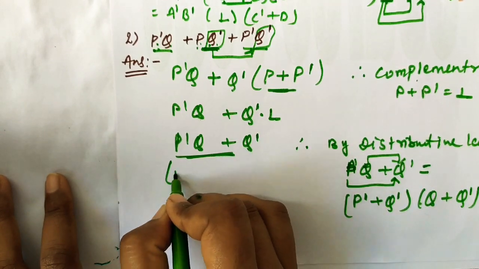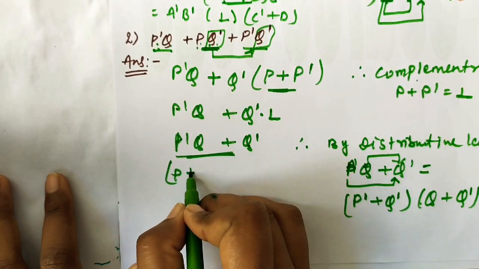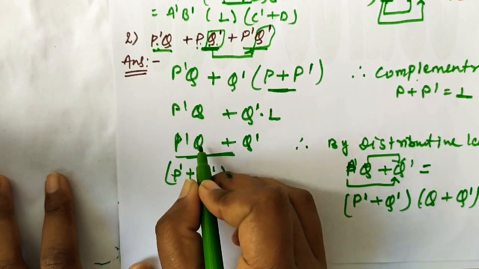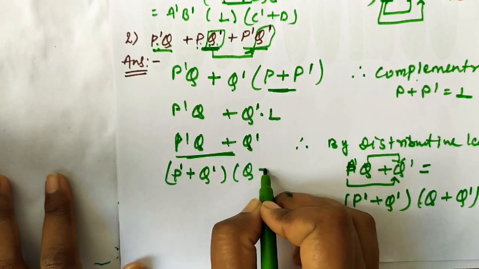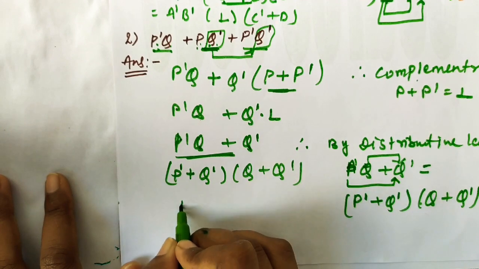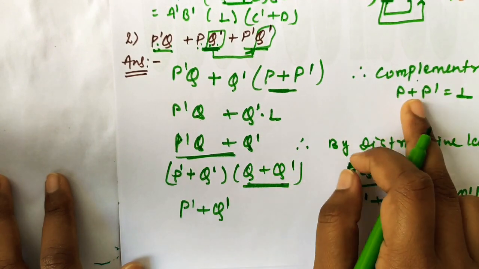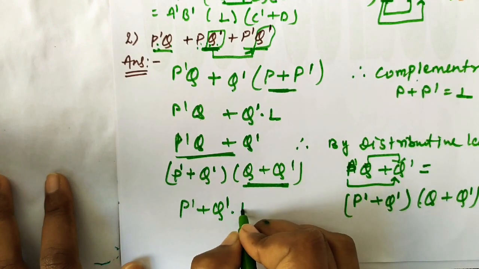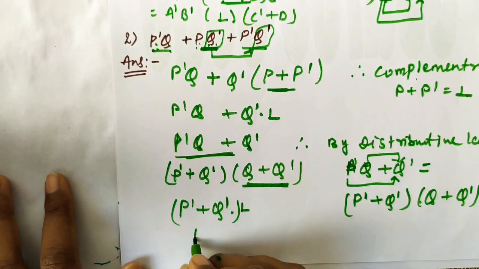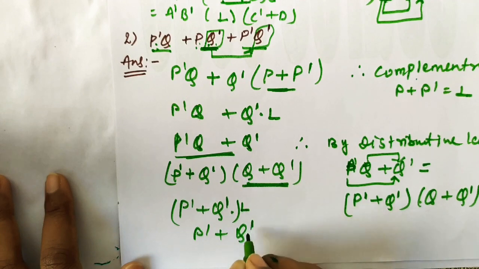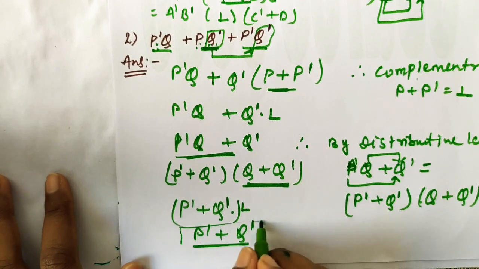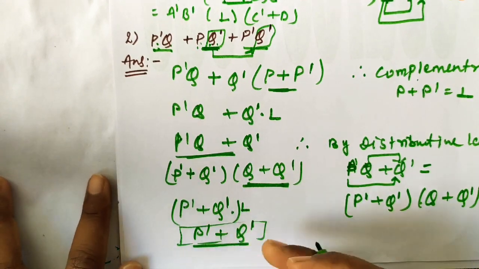So here also p dash with q dash, and q with q dash. So here p dash plus q dash. The value of that is 1 by using the complementary law again. So here p dash plus q dash. This is the answer.